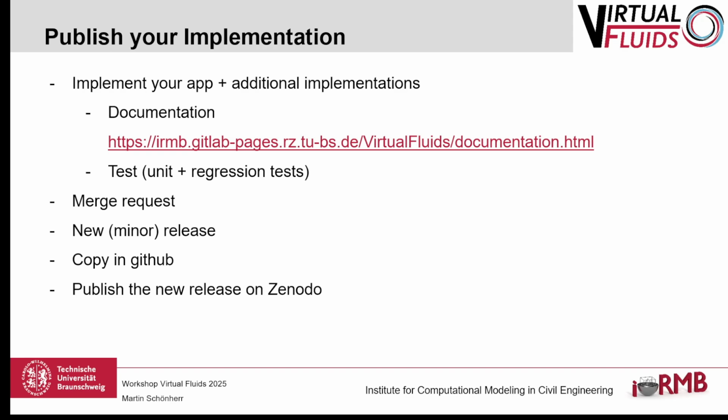So when you go on GitLab, you always find the latest version. If you go on GitHub or Zenodo, you always find the last official release. And then you get a DOI that you can refer to in your future work, and that can be referenced.